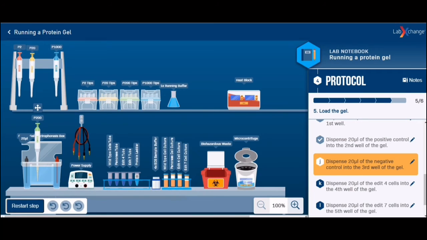After it, we should know that the negative control is the pancreas tube, and put it in the third well of the gel.